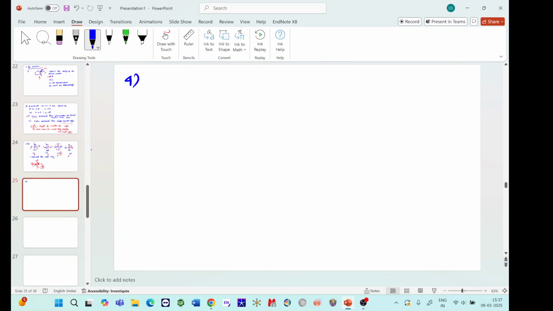A molecule is given like this. You have a cyclohexane ring, and here you have some stereo centers present. Sorry, this will be the solid line, top of the plane.